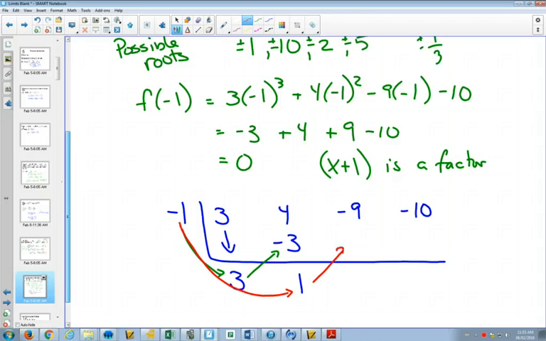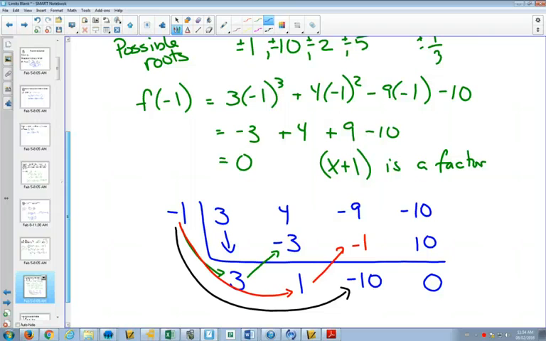And you would get negative 1. And you add again, giving you negative 10. One more time, you take your negative 1 now times your negative 10. You will get 10 and add and get 0. And that's what we were expecting to find because this one was always our remainder.